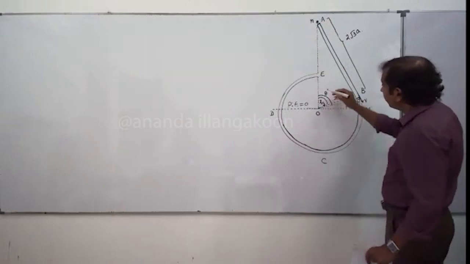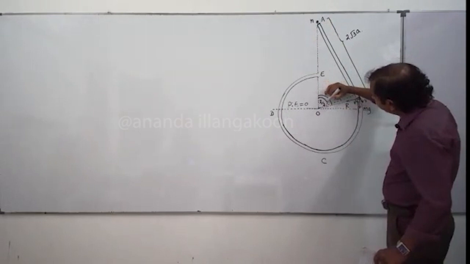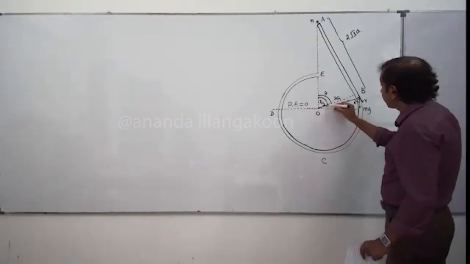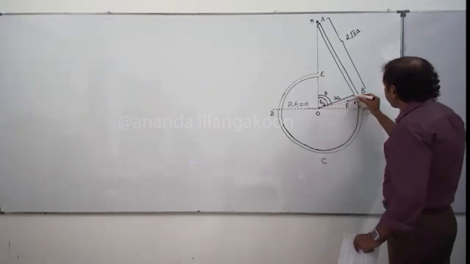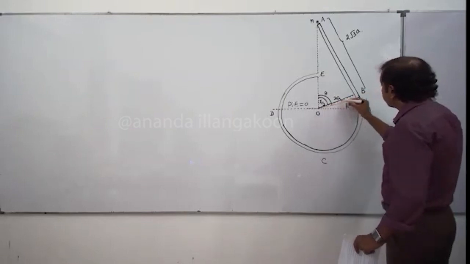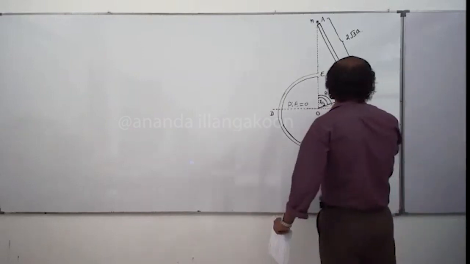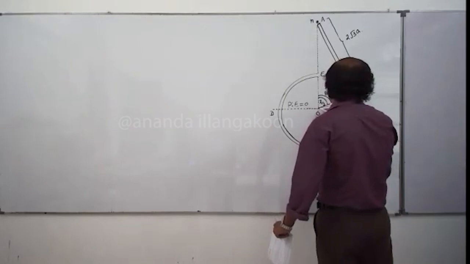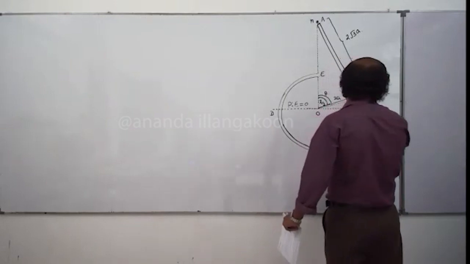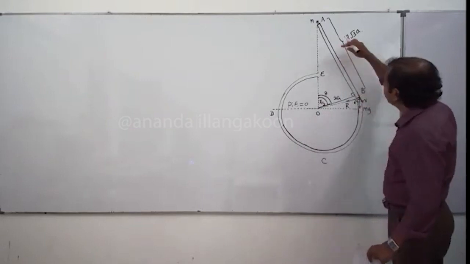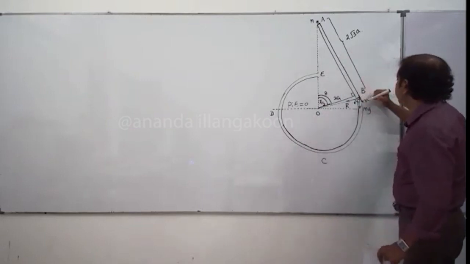That can easily be found. Considering this pi by 3 angle at this radius, up to this point only the straight part of the tube is available. Therefore, it is 90 here because AB is a tangent.